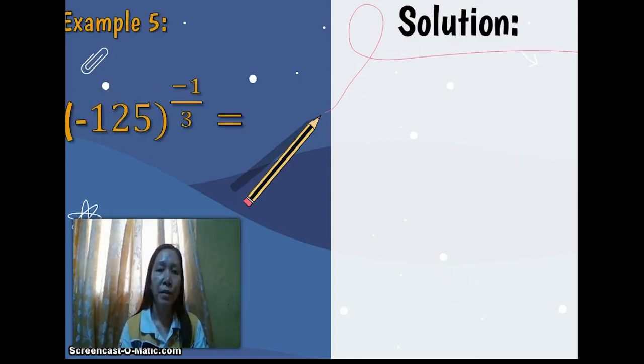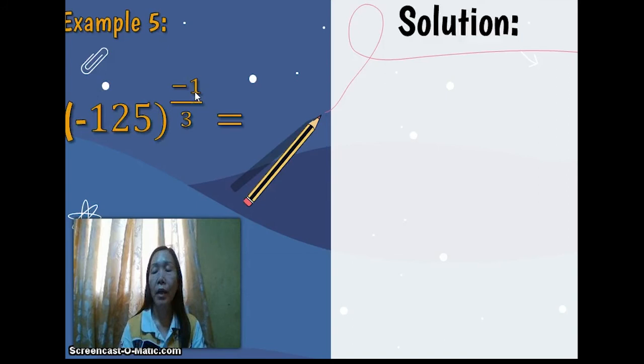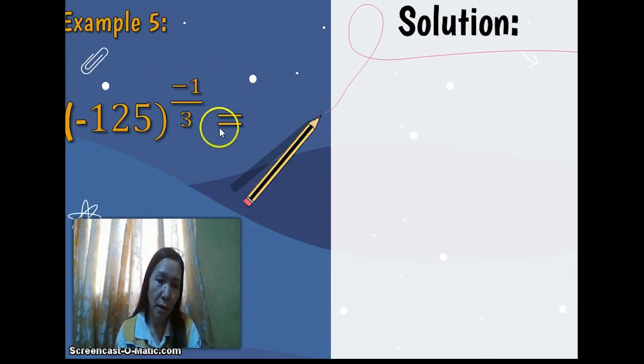Next, what if we have a negative number here and our exponent is negative also? Notice that everything inside the parentheses is raised to the power of negative 1/3. The negative exponent applies to the whole thing inside the parentheses.